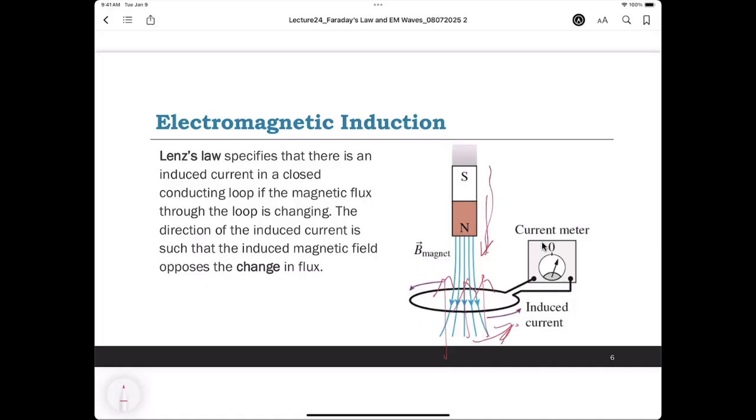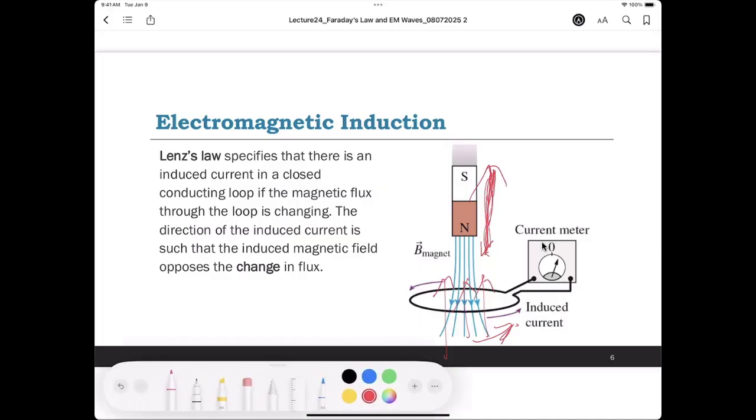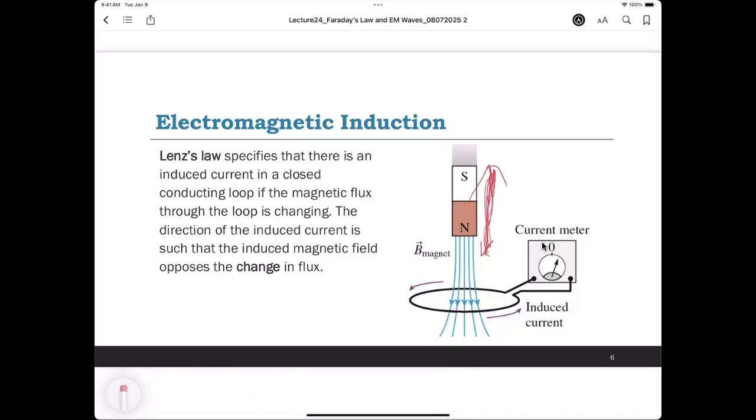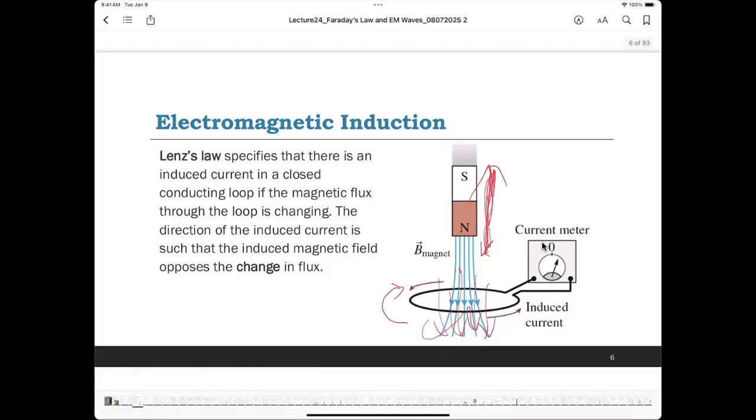And if the magnet goes up, which means it will leave, and the magnetic field becomes smaller, it will generate a field in the same direction, just like this. Then you also use the right hand rule, and you will find the current direction is clockwise. Does that make sense to you? This is Lenz's law.